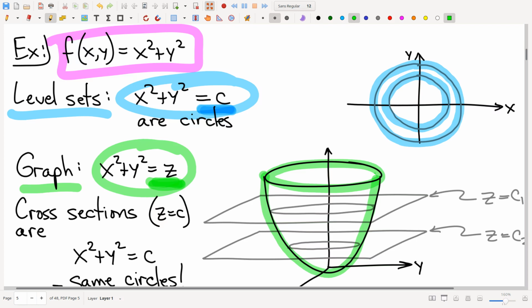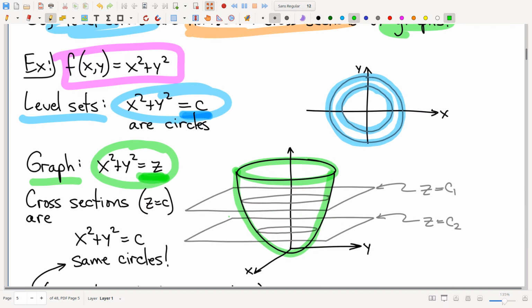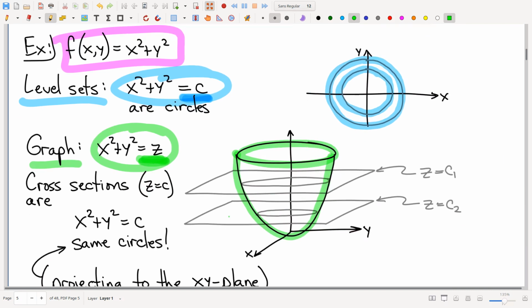This one is a surface that lives in space. This one is a bunch of curves in the plane, and they're unavoidably very, very different. But again, you can see the connection between them by looking at the horizontal cross sections, and in particular, horizontal cross sections again are what you get when you set z equal to various constants.